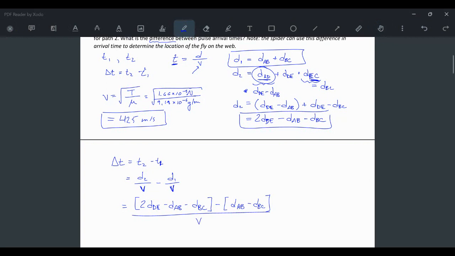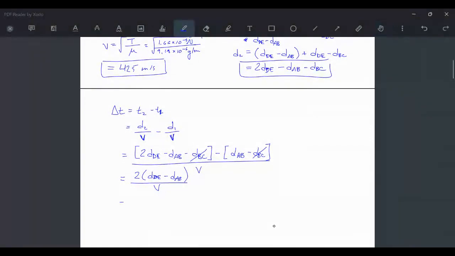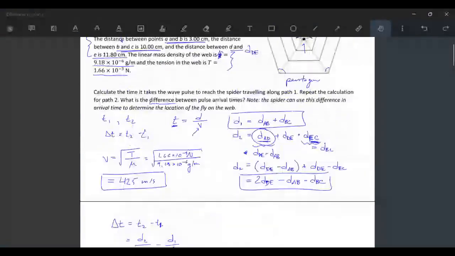This is all over V, like I just hinted at. Notice that we have a d_BC in both terms. So this simplifies down to 2 times the distance from D to E minus 2 times the distance from A to B. So we can just sub in the values that we have.